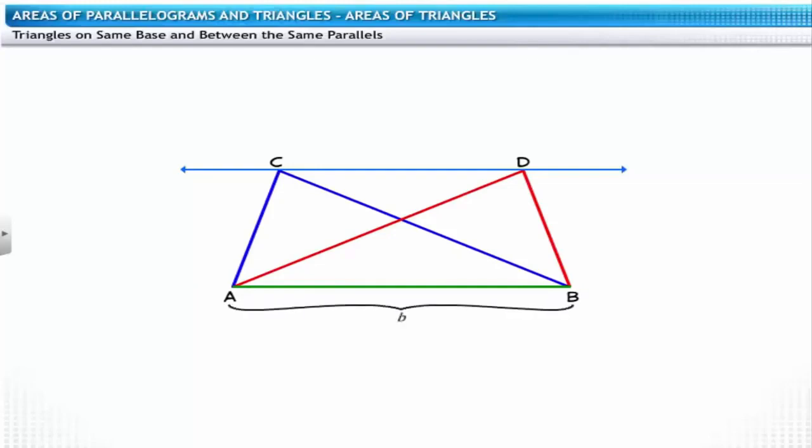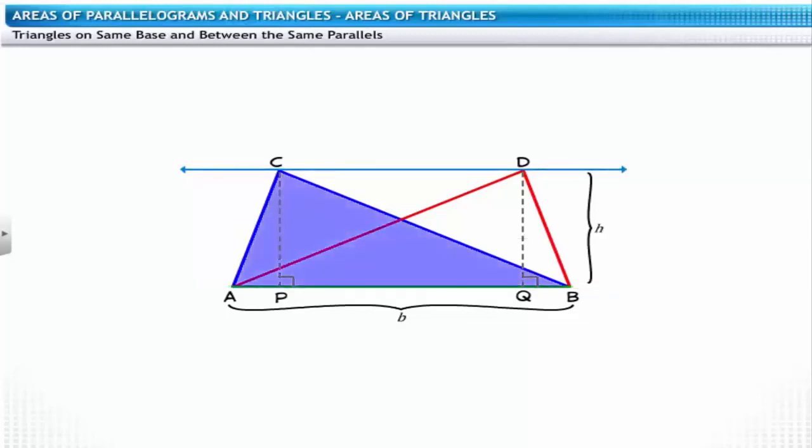Let's name it B. The height of triangle ABC is CP with respect to the base AB, and that of triangle ABD is DQ with respect to the base AB. Both the triangles are between the same parallels AB and CD, so their heights are equal. Let's name the height as H.